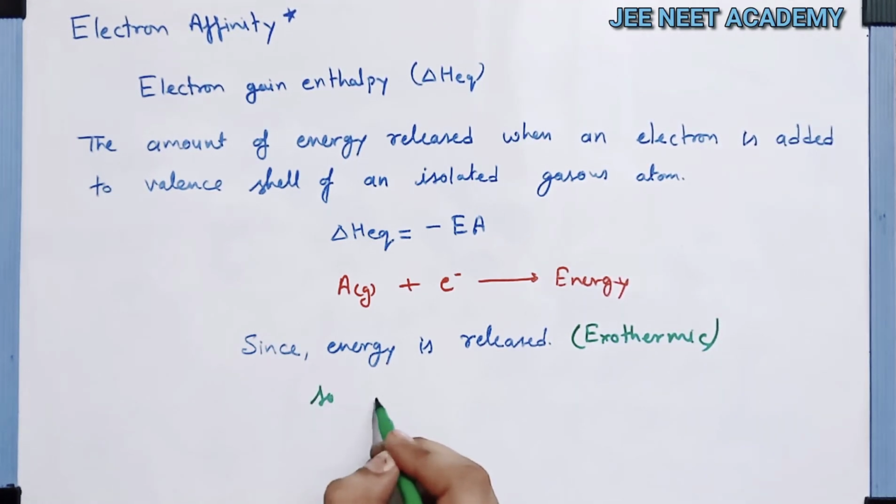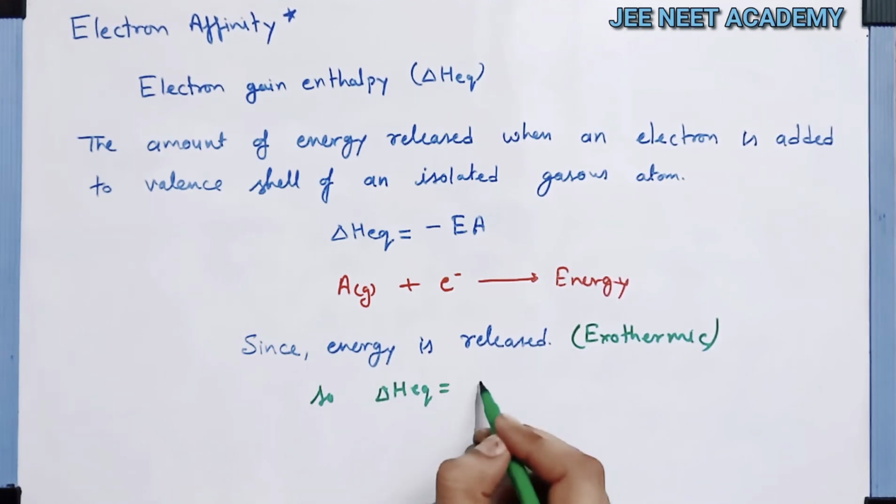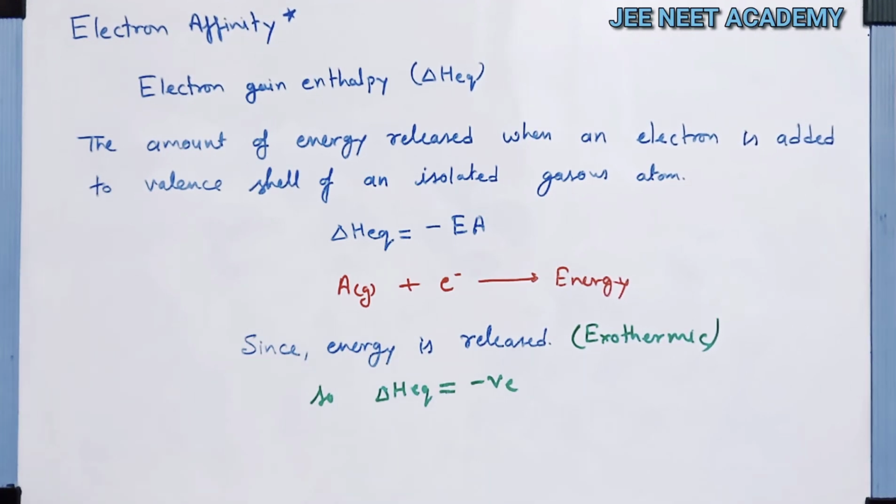So delta H_eg will be negative and electron affinity will be positive.